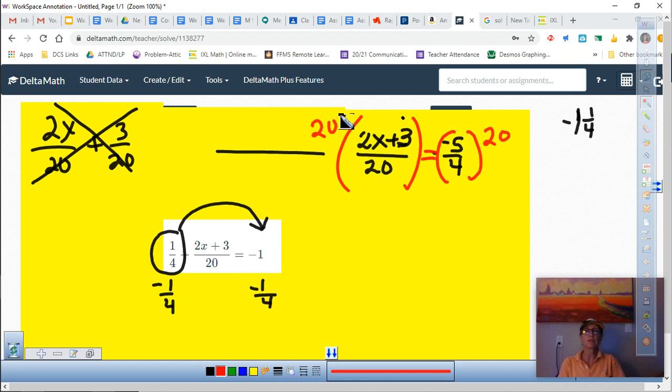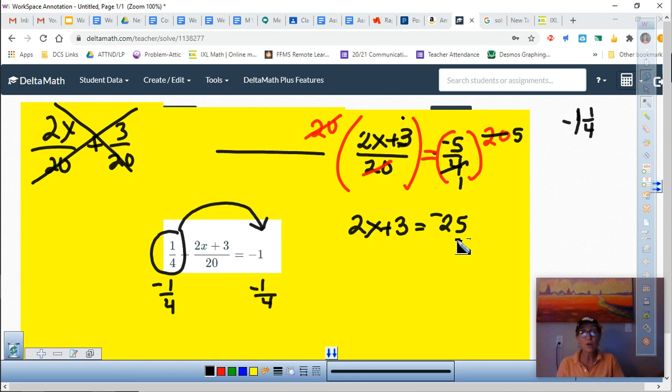So from this point, I cancel the 20 here, and I now have 2x plus 3 is equal to, well, what's -5/4 times 20? Well, let's do a little bit of canceling before we multiply. So 4 goes into 4 once, 4 goes into 20 five times. -5 times 5 is, of course, -25.